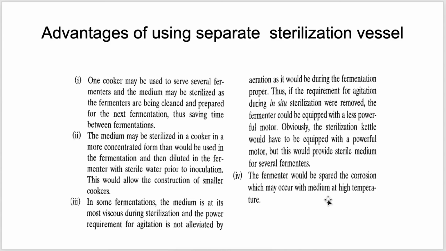But if we use a separate vessel for sterilizing the media, we don't have to expose the fermenter to high temperature. Thus we can save the fermenter from getting corroded. Okay, these were the advantages of using a separate sterilization vessel.